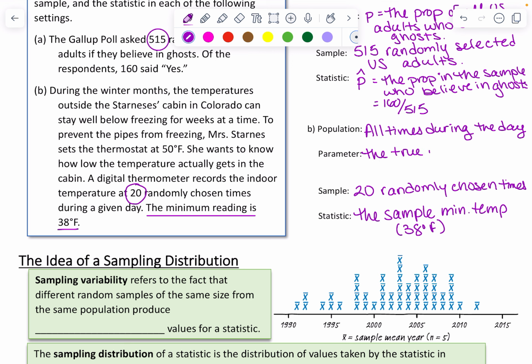So the true minimum temperature in the cabin that day. And again, we don't know that number because they didn't give it to us. Usually we won't know the parameter unless they tell us.